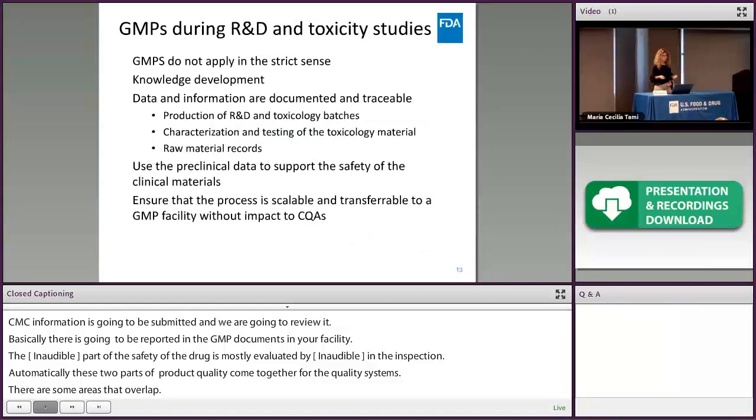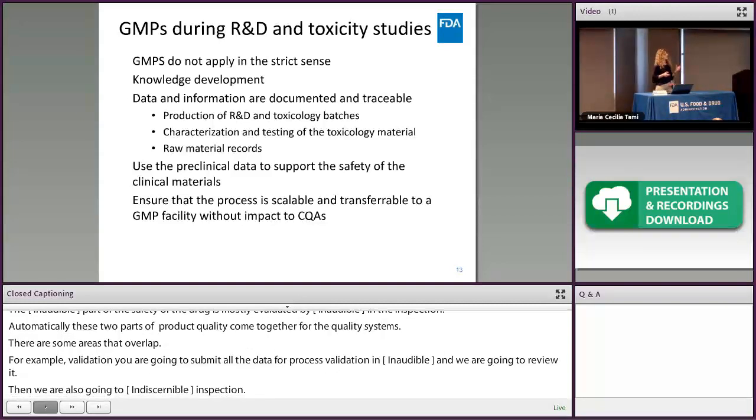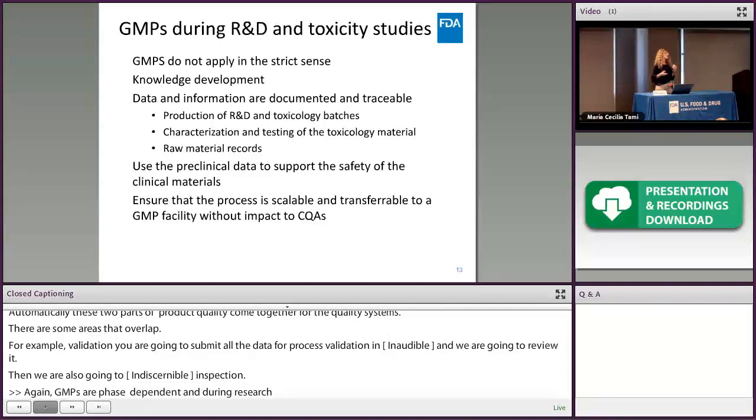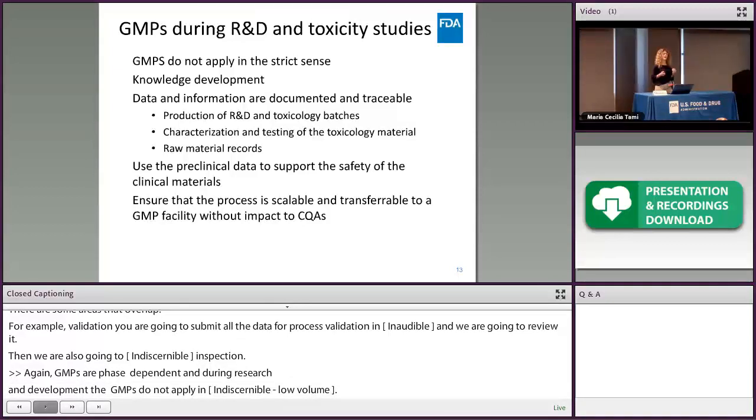So, again, GMPs are phase dependent, and although during the research and development phase the GMPs do not apply in their strict sense, they should be considered. Mostly during this stage you are collecting data and getting knowledge, and so you need to have a way to manage that knowledge so that it is not lost.